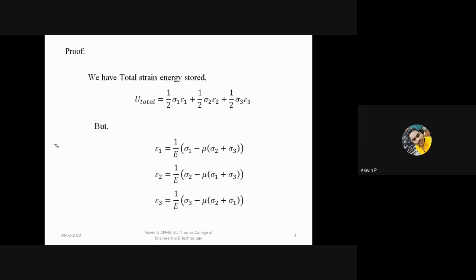Have you completed this one? Can you follow the slide? Is it a simple relation? Can I change the slide? Yes, sir. Please note down.